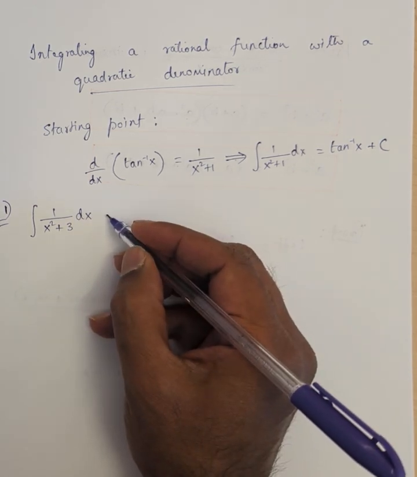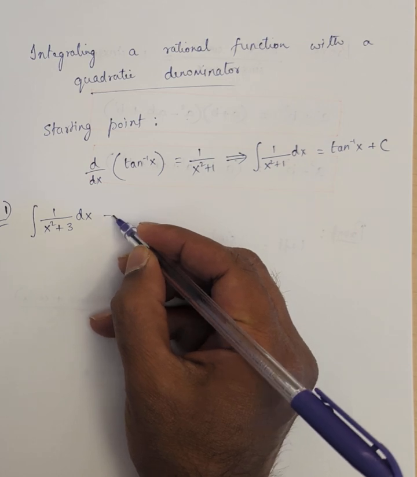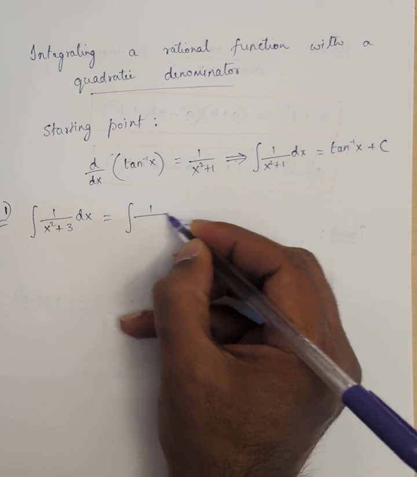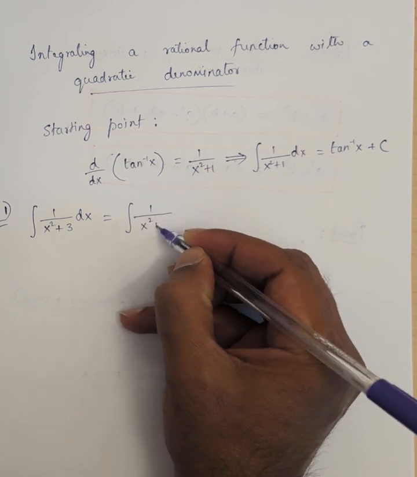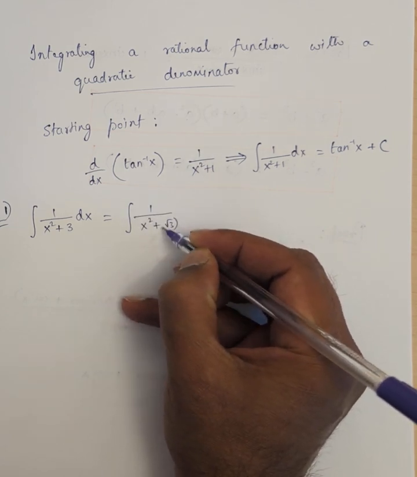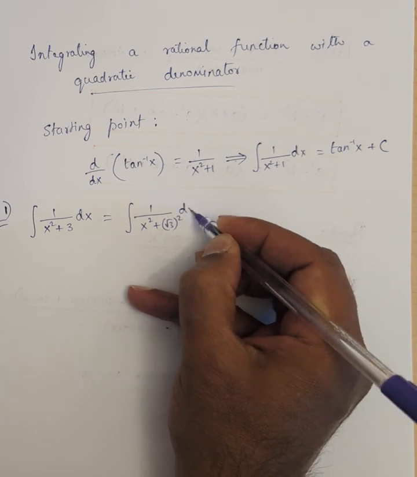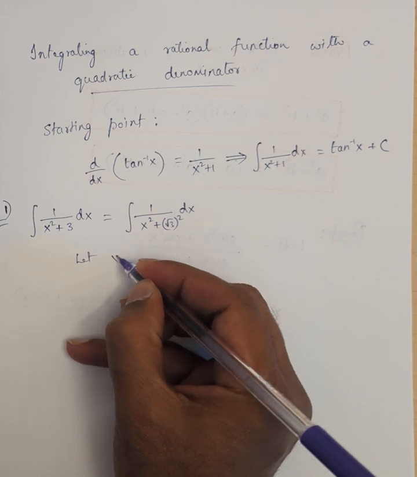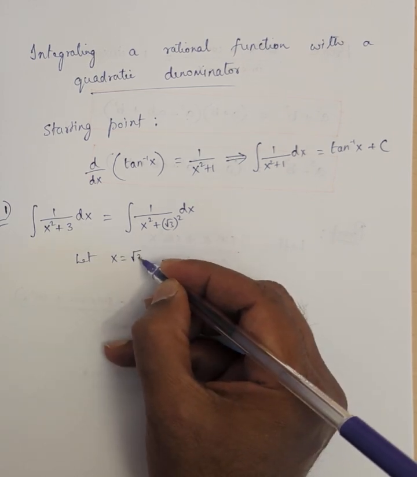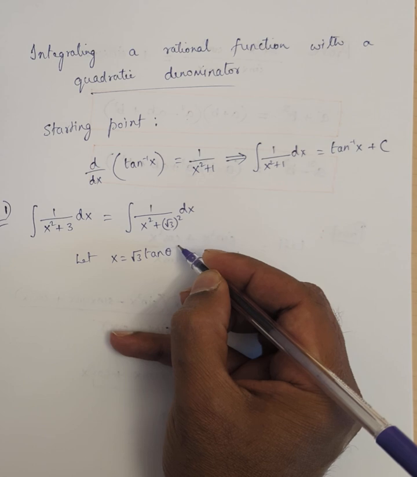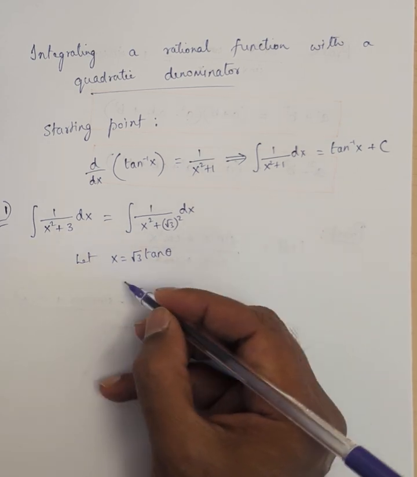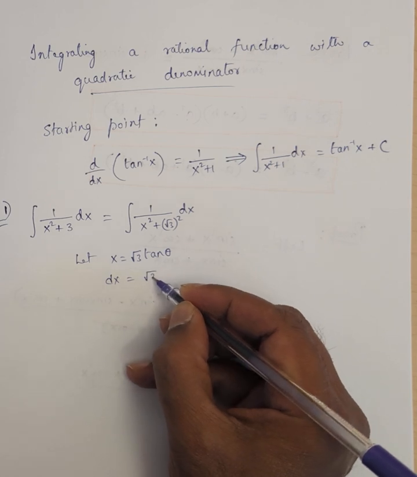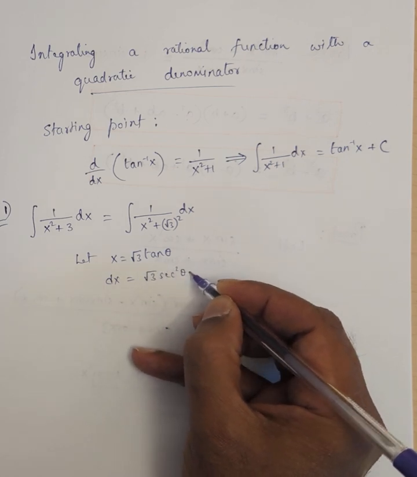So how do I integrate this? Well, I'm going to see this as the integral of 1 over x squared plus root 3 squared. Now in that case, I want to let x be equal to square root 3 tan theta. So in that case, dx becomes square root 3 secant squared theta d theta.